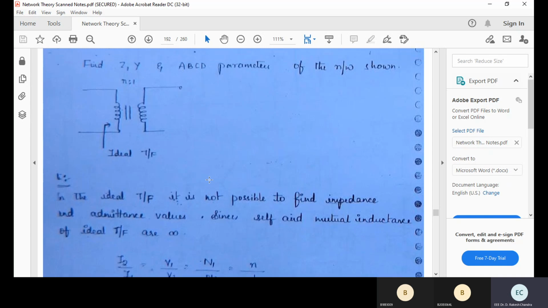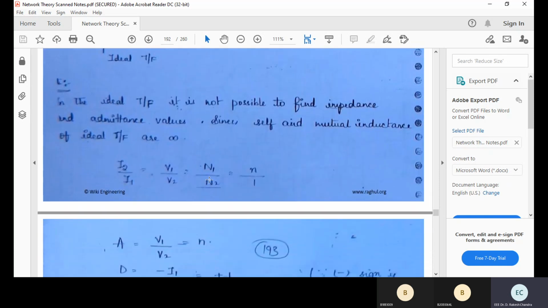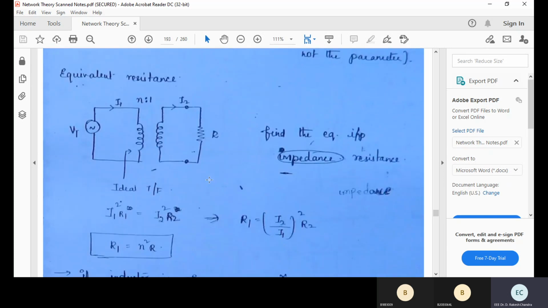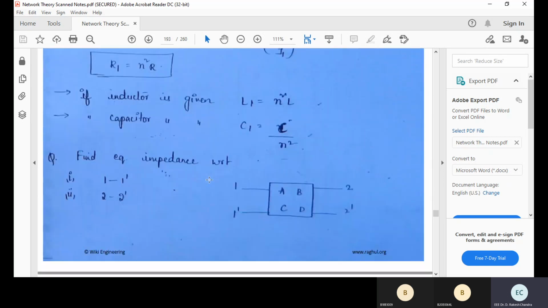For that type of network, to find Z parameters and Y parameters, you can write the equations: V1 is equal to Z11 I1 plus Z12 I2, and V2 is equal to Z21 I1 plus Z22 I2. Like that we can develop and write the equations for the equivalent resistances.